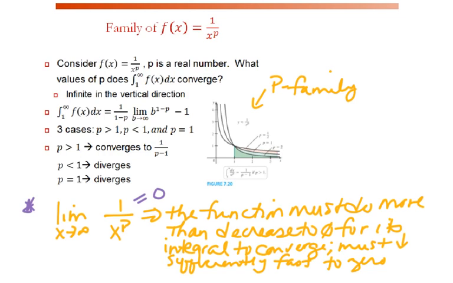However, the limit going to 0 does not determine necessarily what's going to happen to the integral. Okay, so it has to do more than just decrease to 0 for the integral to converge. It's got to do that sufficiently fast enough.